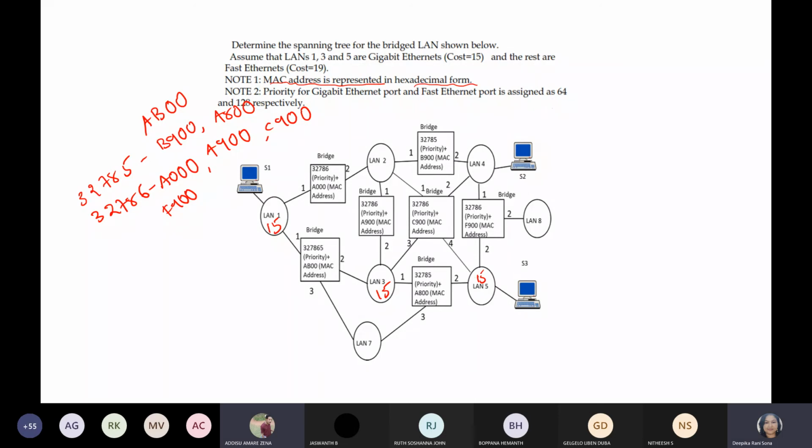Okay, so 3 different priorities are there. Okay, yeah. How to identify the root bridge?